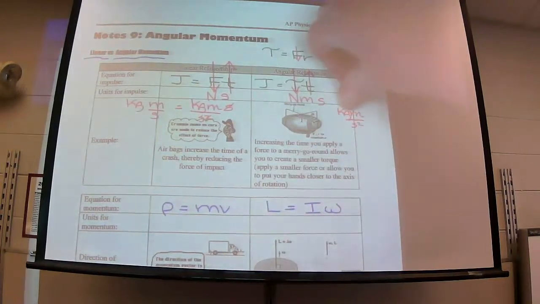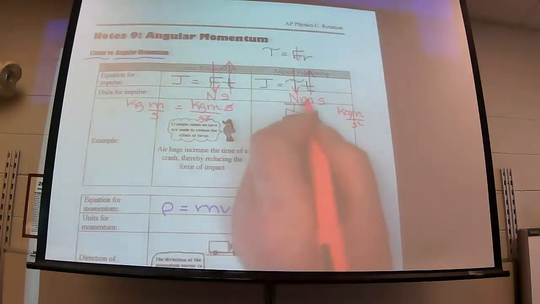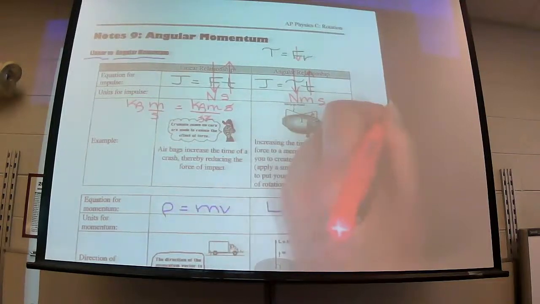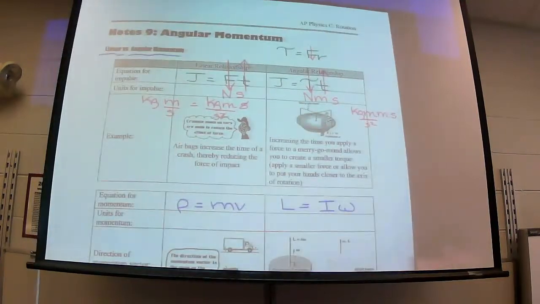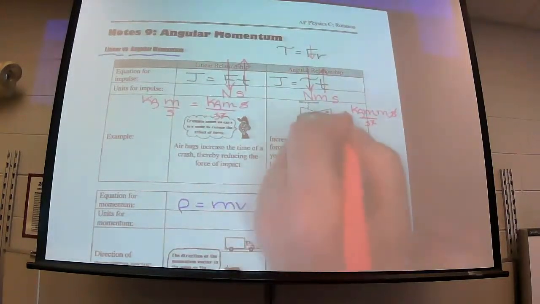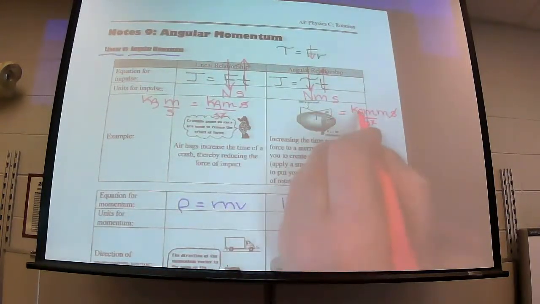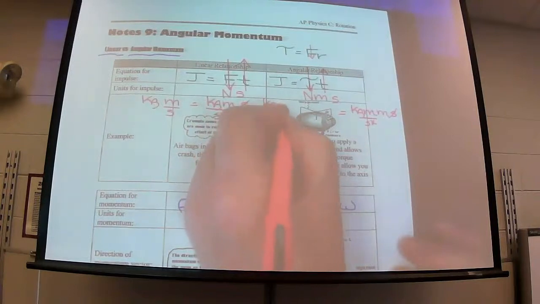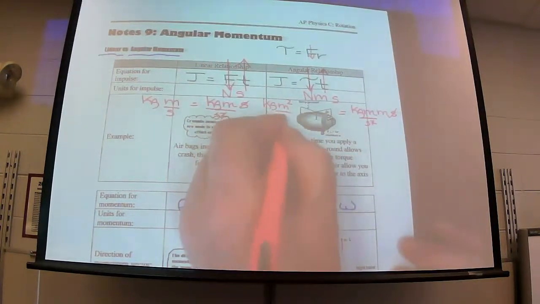That's F equals ma. And then I still have this meter. I'm going to put that there. I still have that second. I'm going to put that there. And this second can cancel with this squared. And so on this side, I end up with a kilogram meter squared per second.